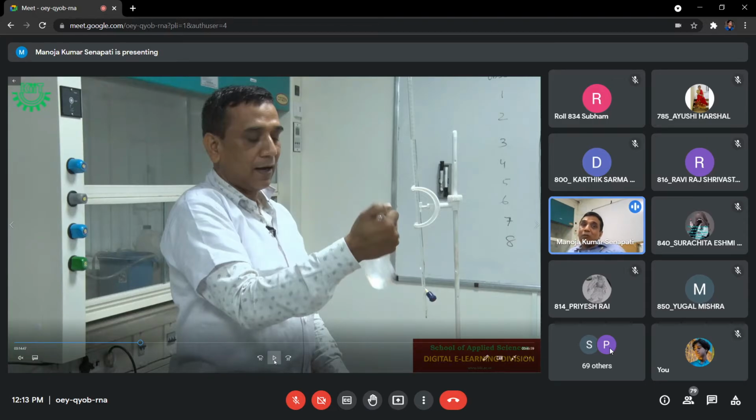So to do that, what will you do? Before taking the reaction mixture in a conical flask, you keep ice-chilled water ready in your conical flask. Take ice-chilled water, that means water at ice-chilled temperature, and keep it ready in the conical flask.